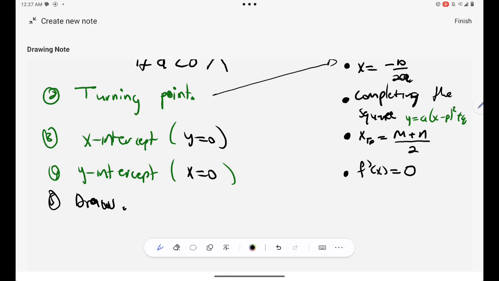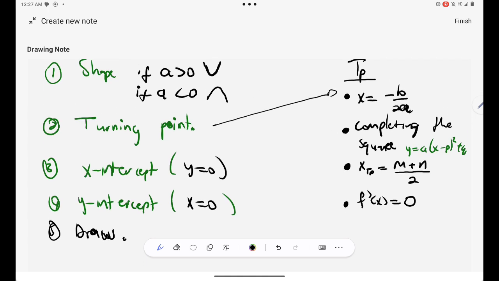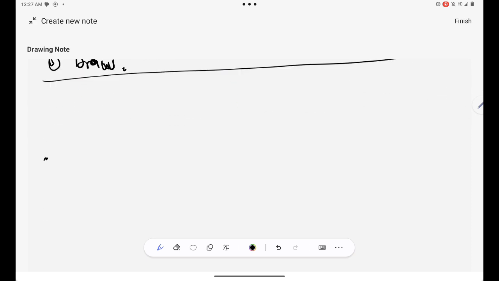You will get the corresponding y value. So this is how we find the turning point. Are we together? Okay, now let's work.